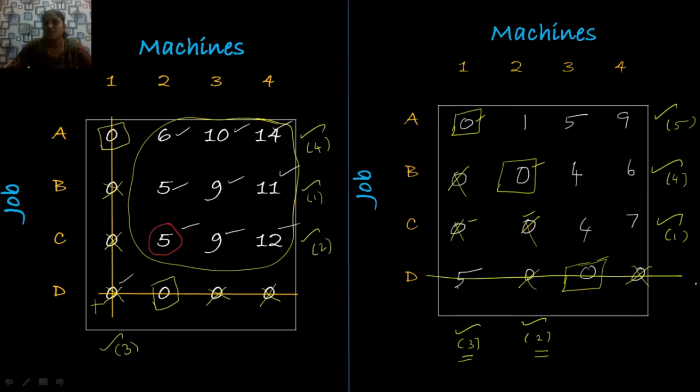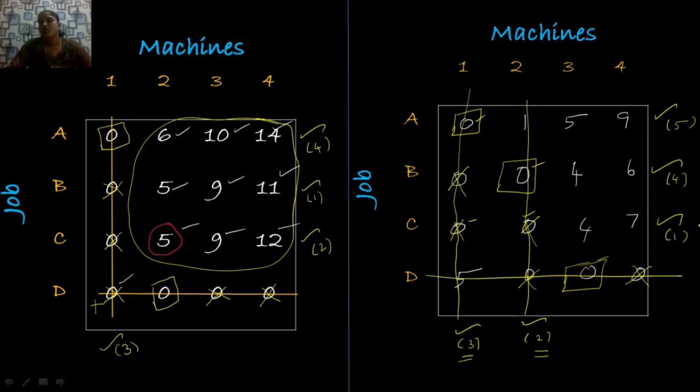Since the last row alone is an unmarked row, whereas the first, second and third rows are marked rows, you draw a straight line through the unmarked row and marked columns. The first and second column alone are the marked columns. So this gives the minimum number of straight lines which cover all zero elements.